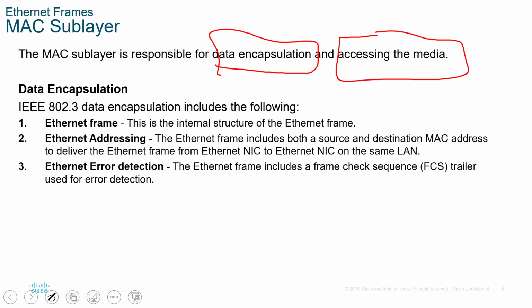Also Ethernet addressing: the Ethernet frame includes both source and destination MAC addresses to deliver the Ethernet frame from one network interface card to the other, the destination, on the same LAN. And then it also handles what they call error detection, using the frame check sequence, sometimes called the FCS.